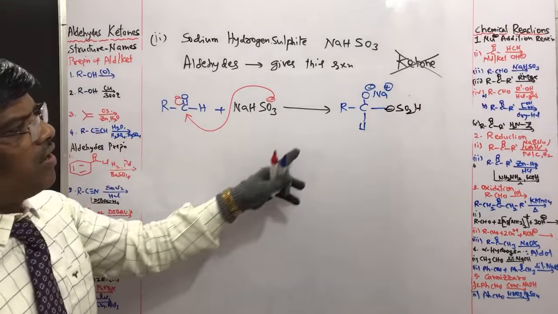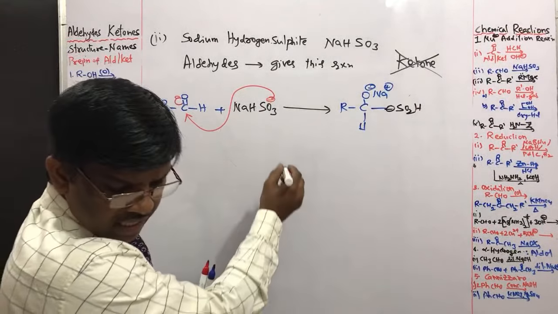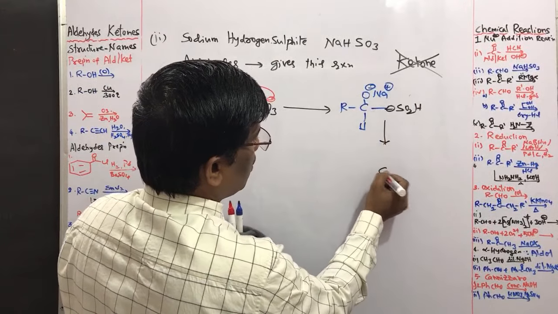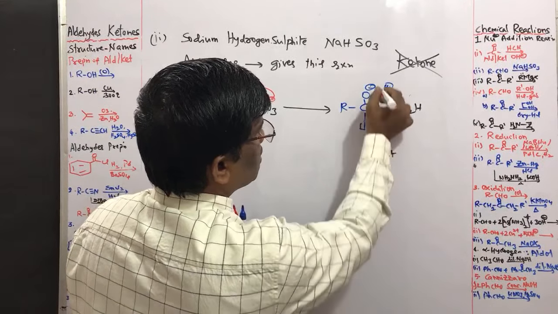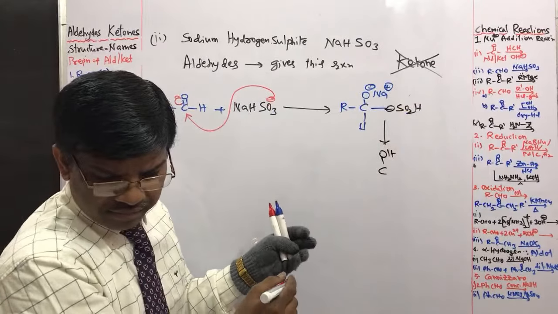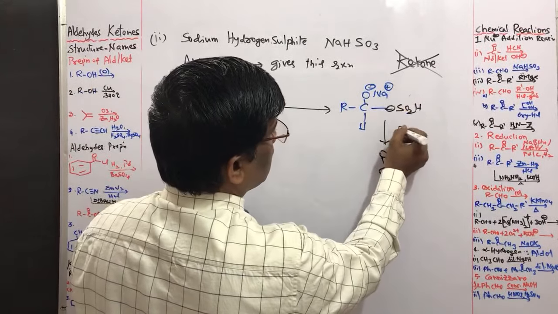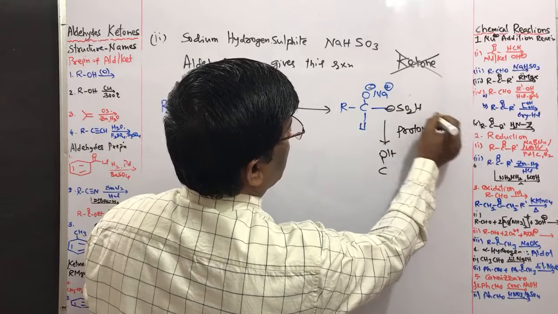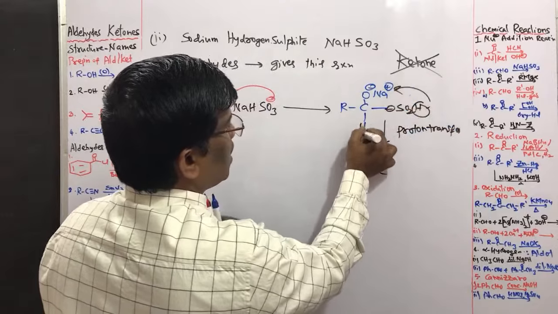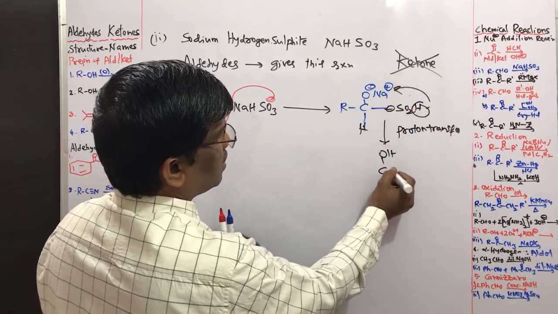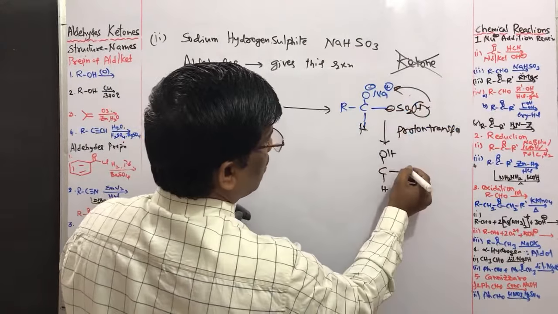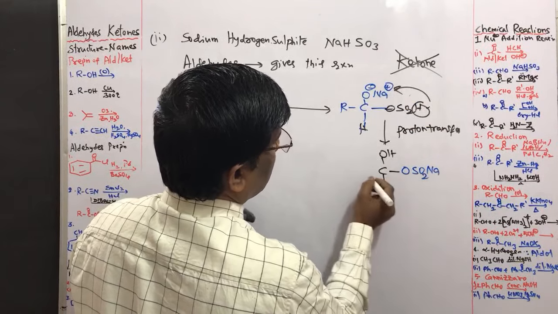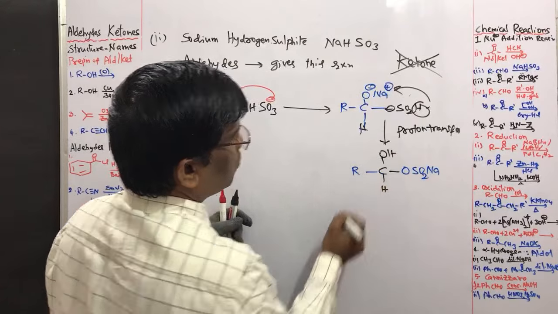So this is how it forms the intermediate. This takes up the sodium salt to give O minus sodium. Sodium will be exchanged. Proton transfer will take place from here to here. Sodium will come here. So this is hydrogen, O, SO2, Na, and this side the R group.